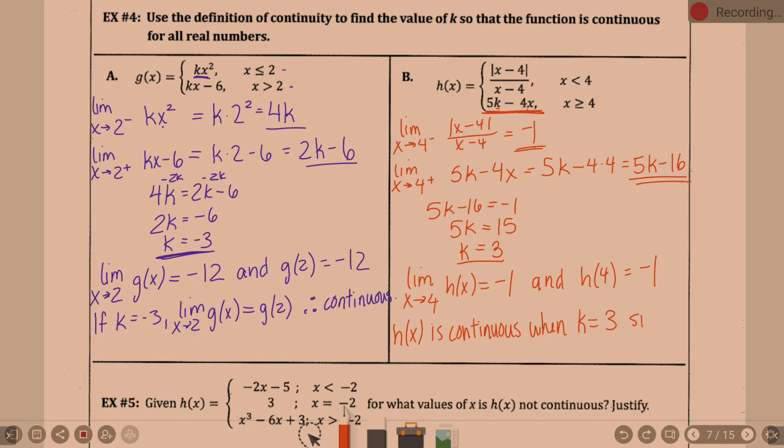Since the limit as x approaches 4 of h of x is equal to h of 4. And I've written a couple of these different ways, but it's just making sure you have all the information here.